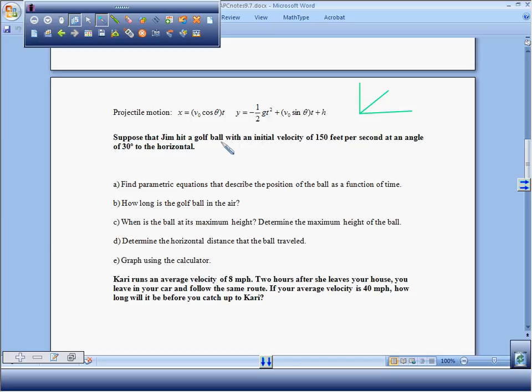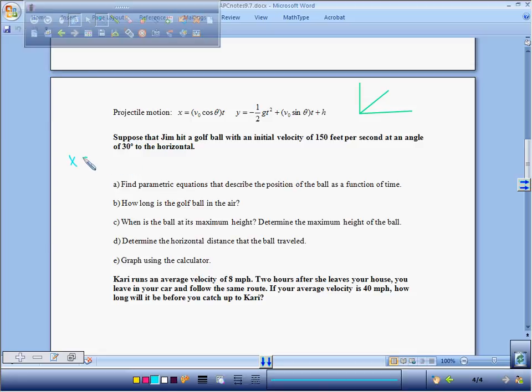So suppose that Jim, we should say Tiger Woods, Jim hit a golf ball, initial velocity of 150 feet per second at an angle of 30 degrees to the horizontal. Find parametric equations that describe the position of the ball as a function of time. So you have that x equals v sub 0, that's this, 150 feet per second times the cosine of 30, right?